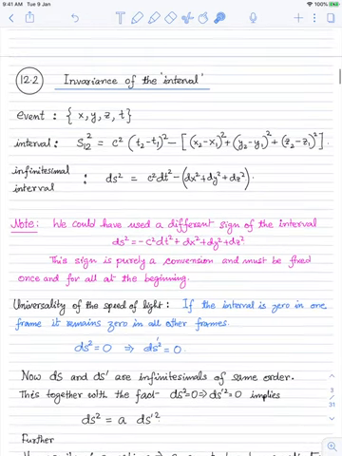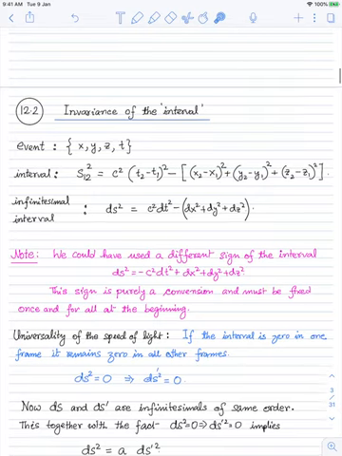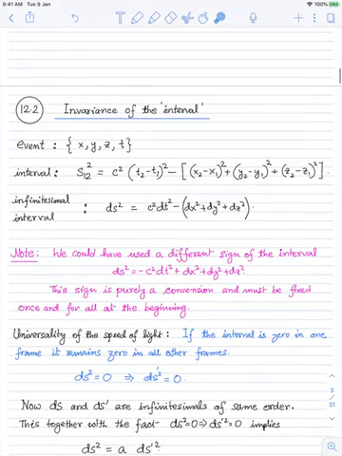I'm discussing this because I'm now going to argue that given the postulate of relativity, this universality of speed of light, this idea can be used to show that this interval is invariant, or must be invariant, under boost transformations between two inertial frames. So that is my objective.